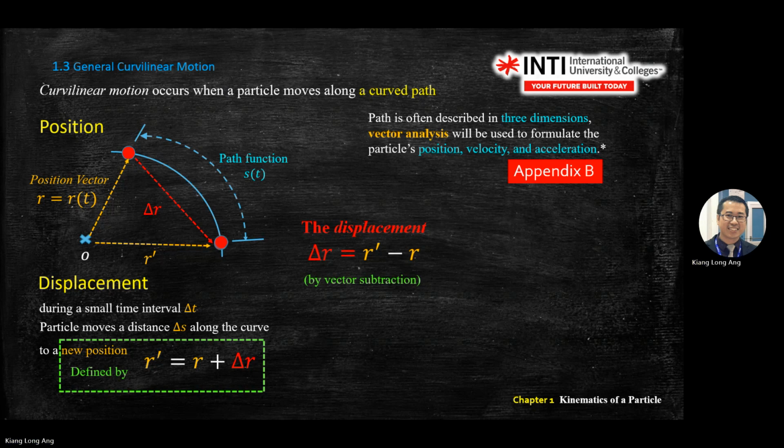UT plus half AT squared, correct? So later when you use this equation in curvilinear motion, you change S into R, and U to something, A to something. Just giving you the highlights.